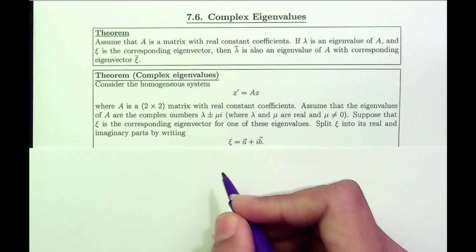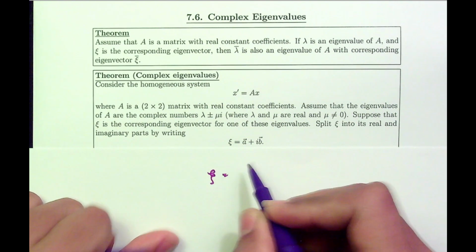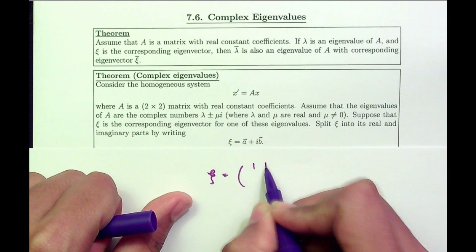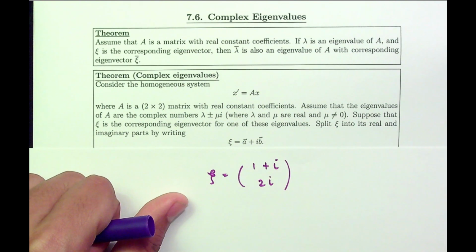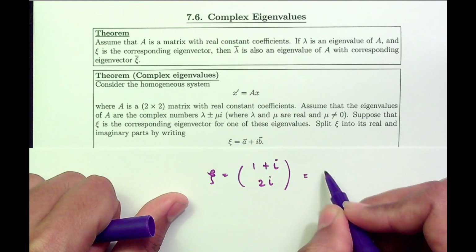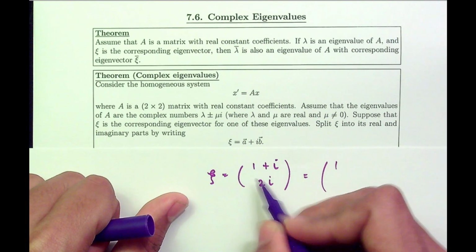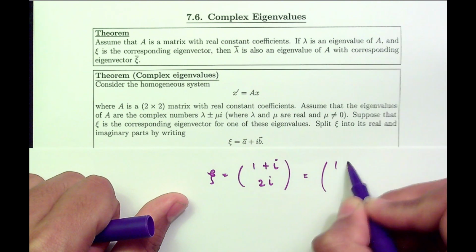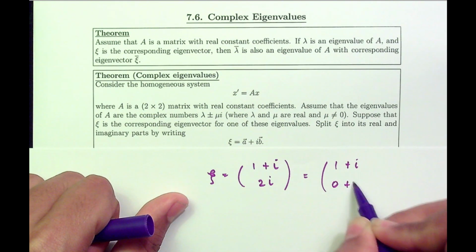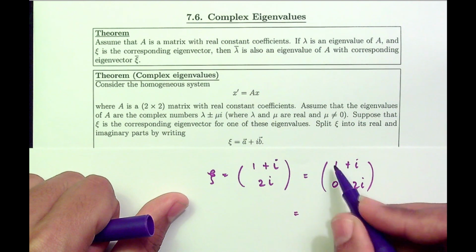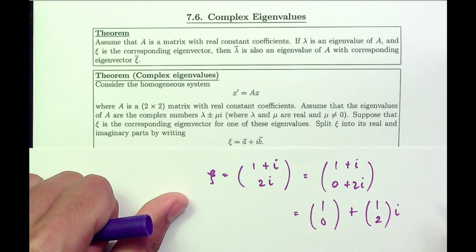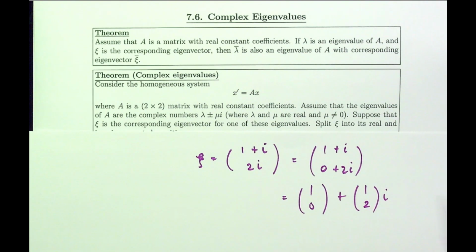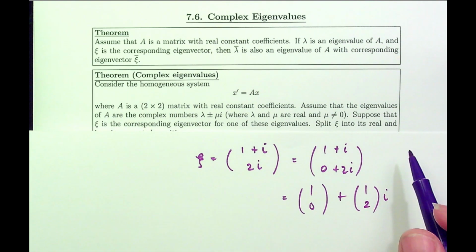So for example, if we have that psi equals 1 plus i and then 2i, then you would split this up into the real part and the imaginary part: 2i is like 0 plus 2i, and then you can split this up into (1, 0) plus i times (1, 2).